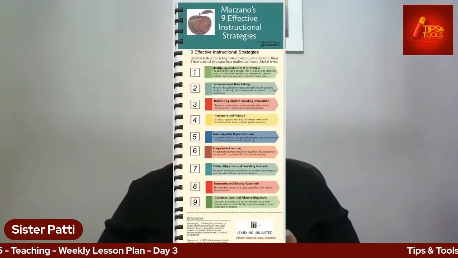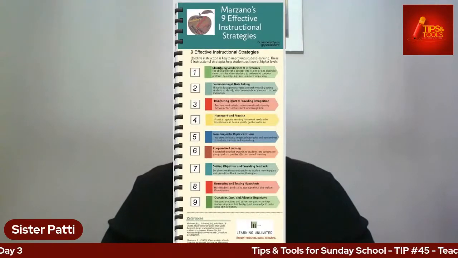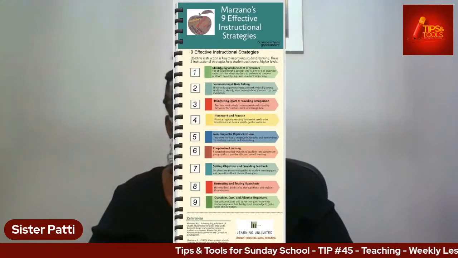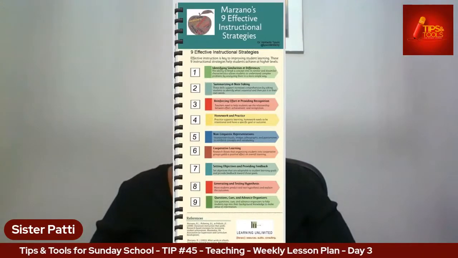The other thing we need to think about is what we call learning styles. Of course, there is Marzano, who has 9 effective instructional strategies. That graphic is on the screen, and we'll drop it in the comments so you can have it. This talks about 9 activities, and you can pull 1 or 2 or 3 of them for your lesson.